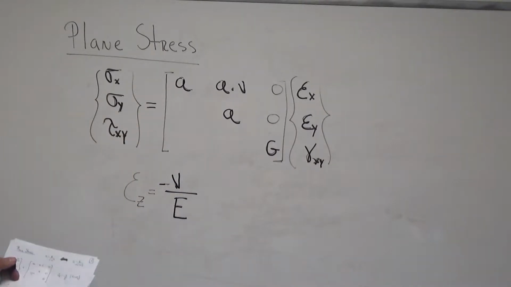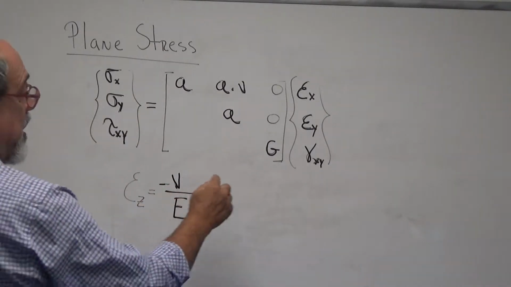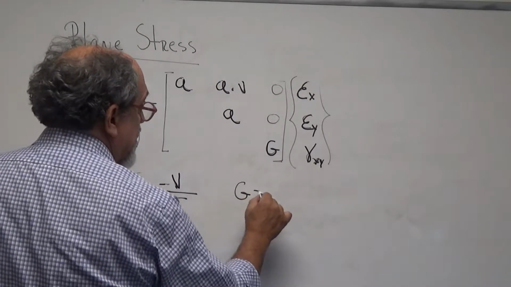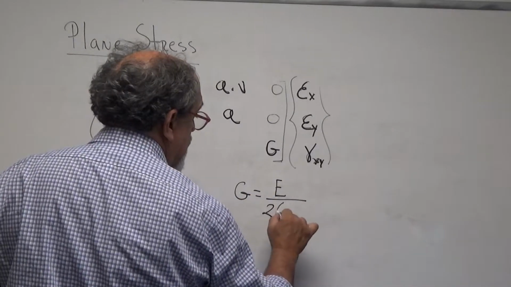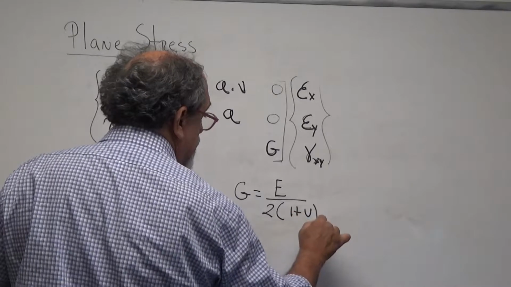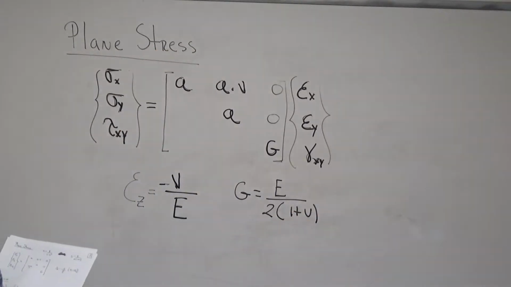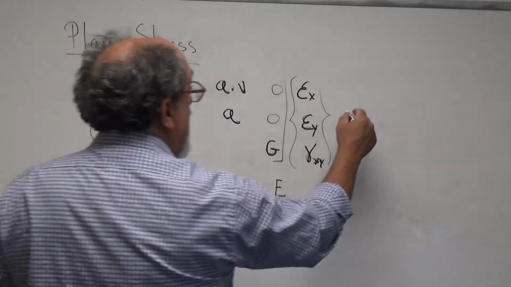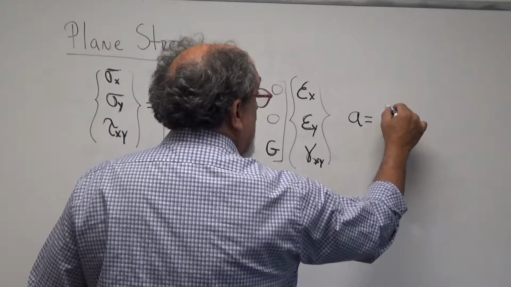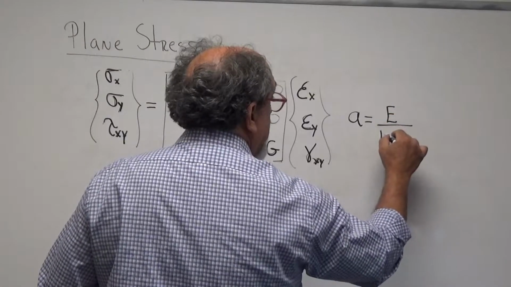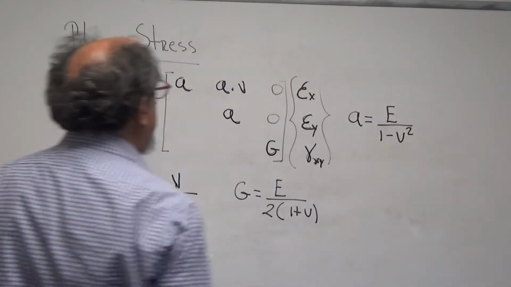That's plane stress. Now, in this expression, G is known as the shear modulus and has the formula E divided by 2 times 1 plus Poisson's ratio, nu. And the constant A, which I have written there, is equal to E divided by 1 minus Poisson's ratio squared.